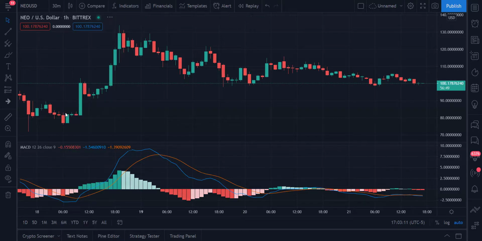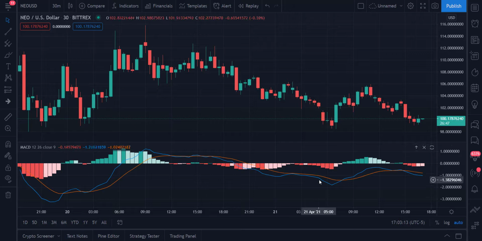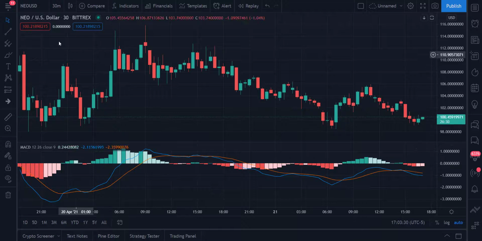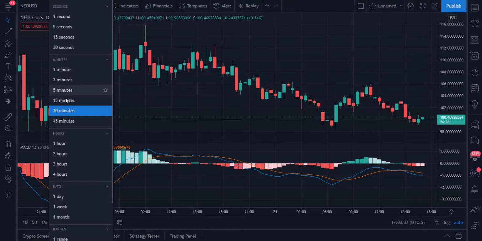Let's look at the 30-minute and see if it's any clearer. So we've had some crossovers as buys, but again, the main has been this sell that happened even back here on the 20th, the crossover here. But there's not much separation between this crossover and the zero line. So I really don't put much stock in it.